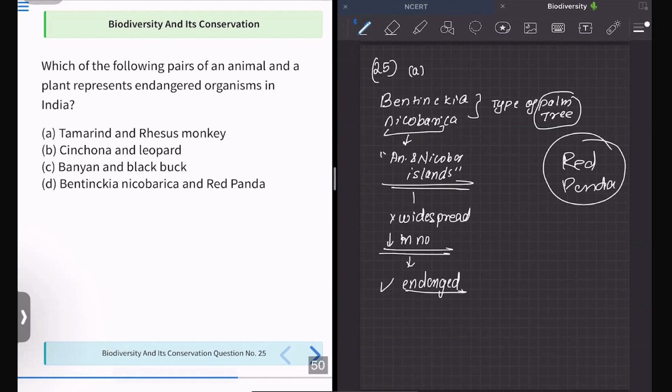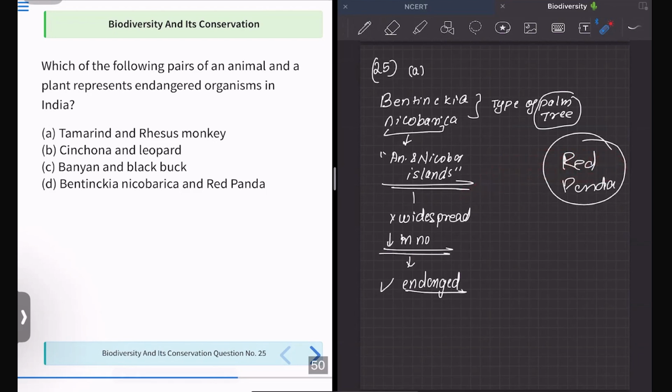Now, in the questions of this chapter, if you have some basic knowledge of GK and common sense, you can eliminate other options and get the correct option just by elimination. Even if you don't know the concept, that is fine. If you use your common sense, you will get the correct answer.